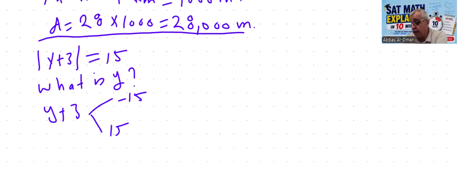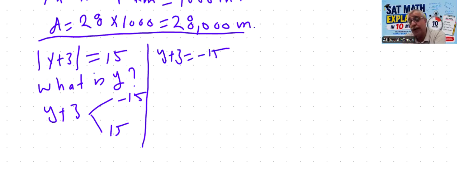So if y plus 3 equals minus 15, that means that y equals, if we add minus 3 to both sides, y equals minus 18. So this is one value for y.